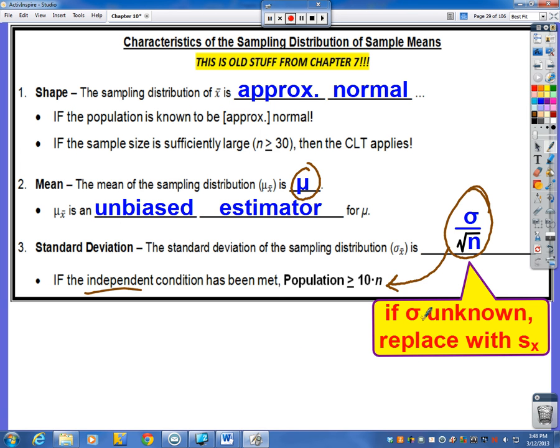If we don't know sigma, we can replace it with the sample standard deviation, or Sx in the calculator, which is usually the case. Typically, this will be s over the square root of n, but if sigma is known, you can use it.